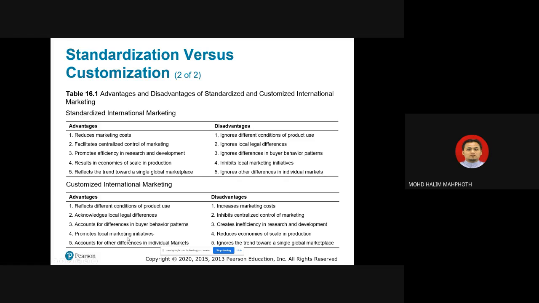And the advantage is it reflects different conditions of product use, because you treat your consumer specially. They can, as a group, be catered to towards their preferences. Acknowledge local legal differences, account for differences in buyer behavior patterns. We know that some people are very health conscious, so you have to go for low calorie products.